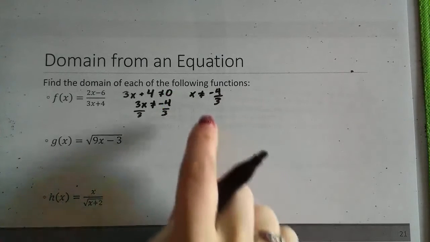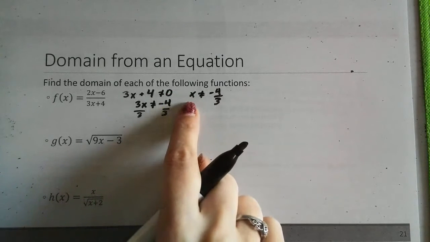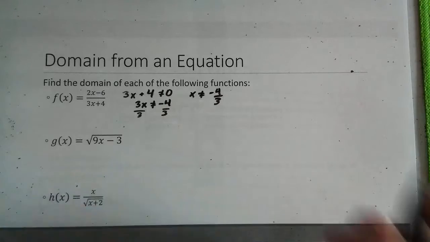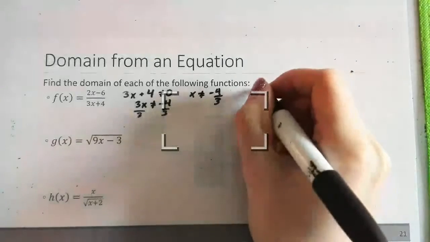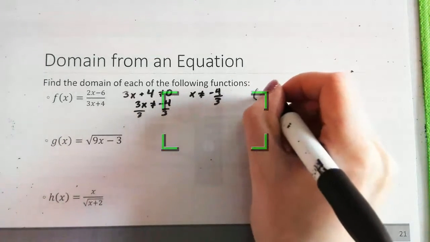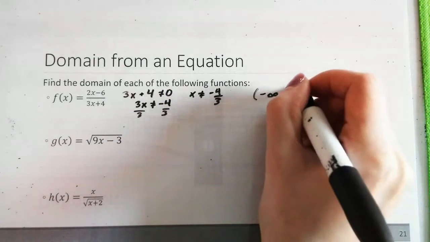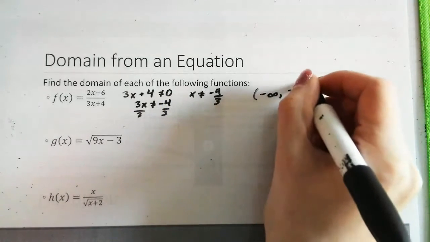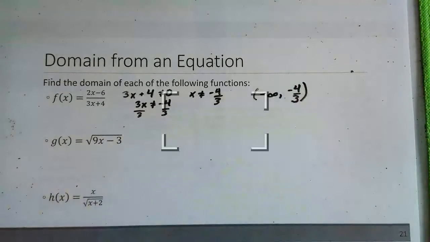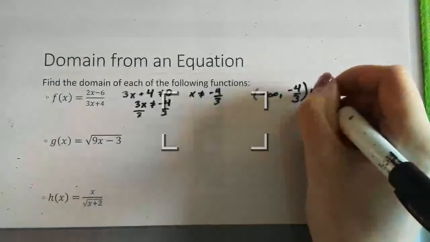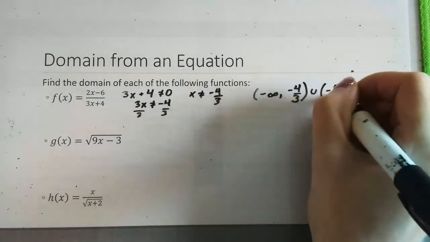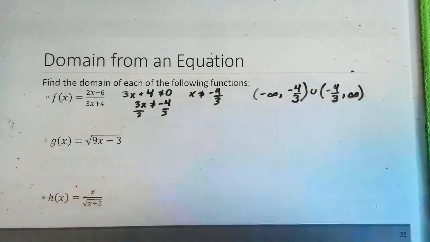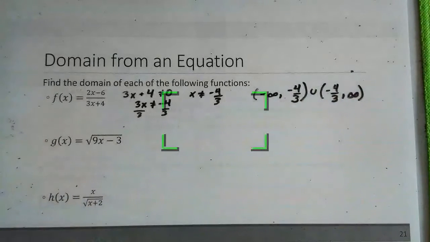So my domain is going to be all real numbers except x cannot equal -4/3. We typically write our domains in interval notation, so that will be -infinity to -4/3. But we can't use -4/3, so we use parentheses. Or -4/3 to positive infinity, again with parentheses on the -4/3 because we can't use it.